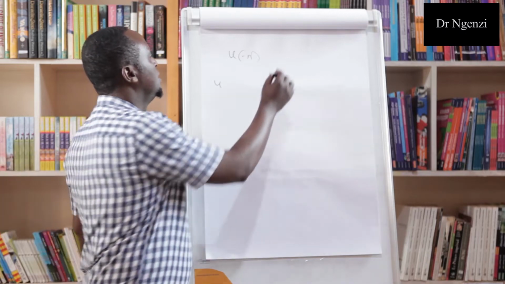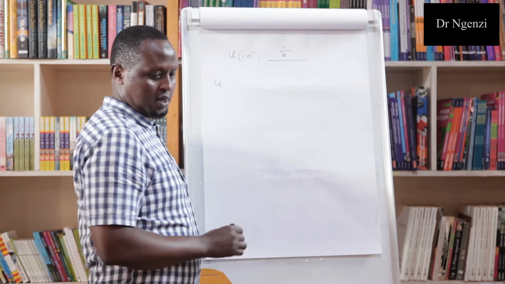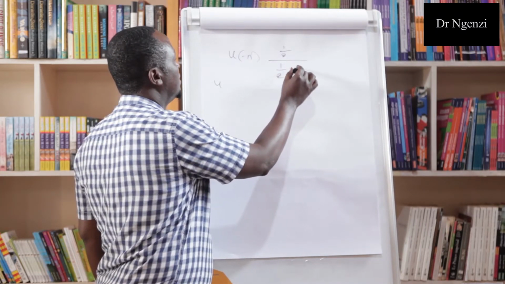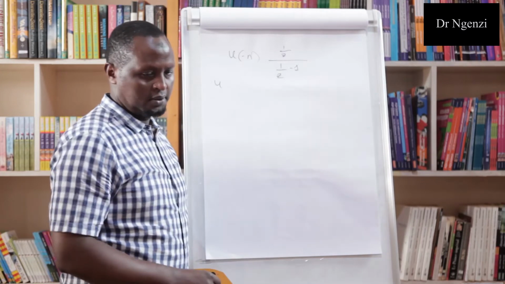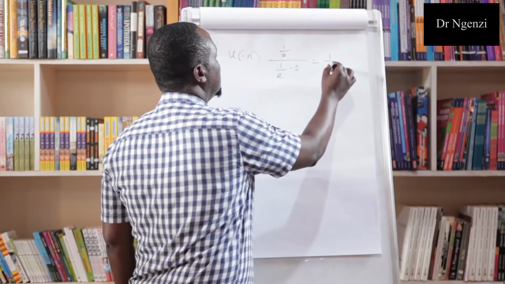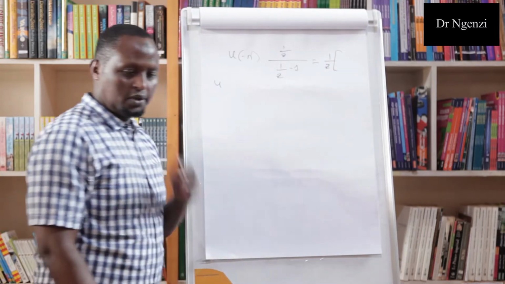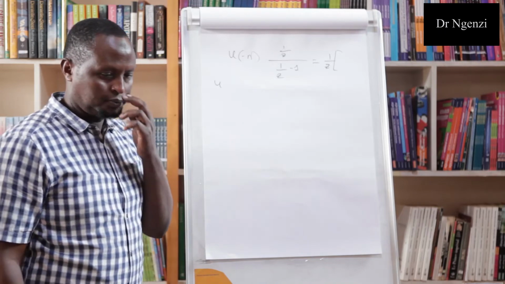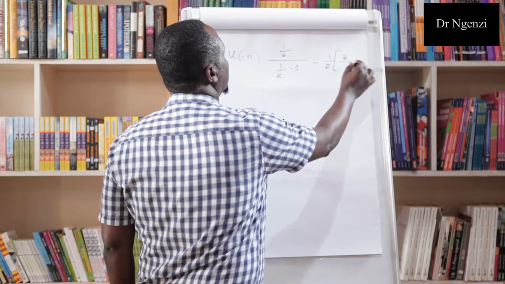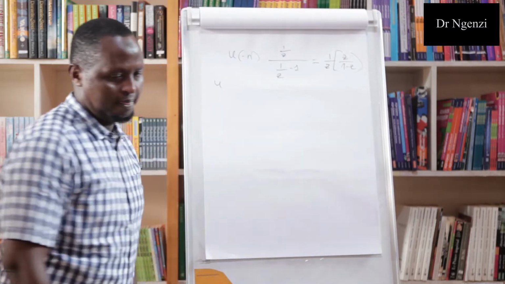So it's going to be 1 over Z over 1 over Z minus 1, which is going to be, you put this 1 over Z, then it's going to be Z minus 1 minus Z, so that side.